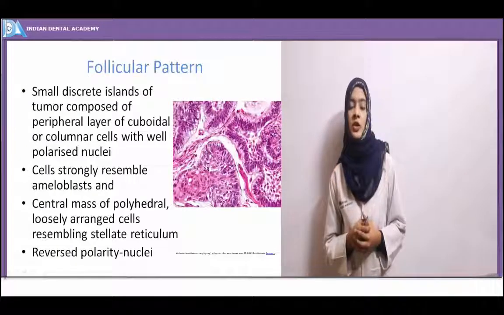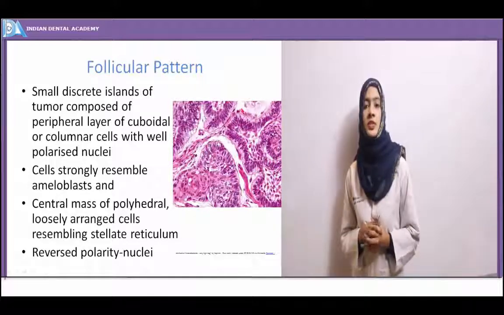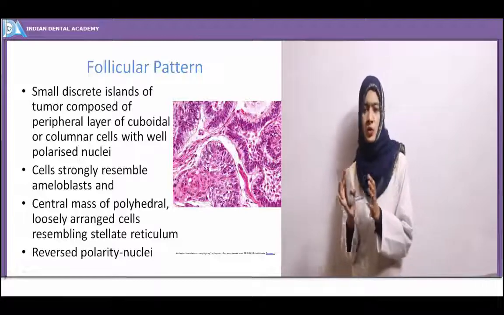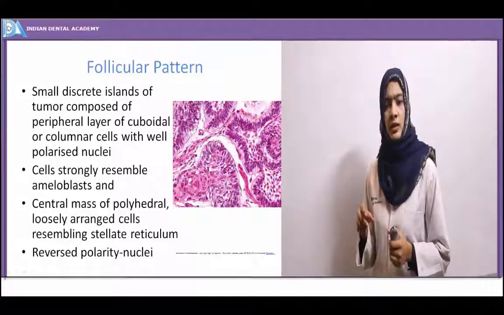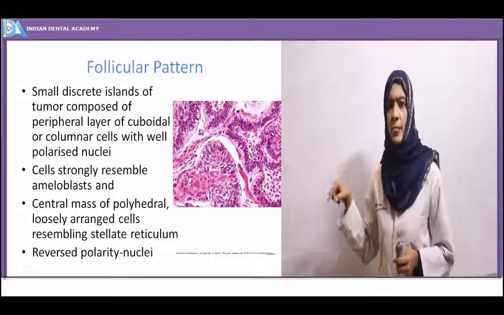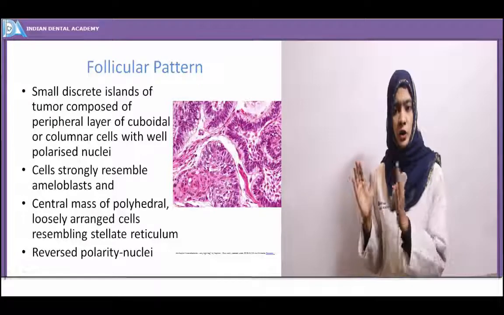So when we see the follicular pattern of solid ameloblastoma, the tumor is composed of small islands of odontogenic epithelium. Now if you look at the histologic picture, in the lower right area it is showing an island of tumor cells.